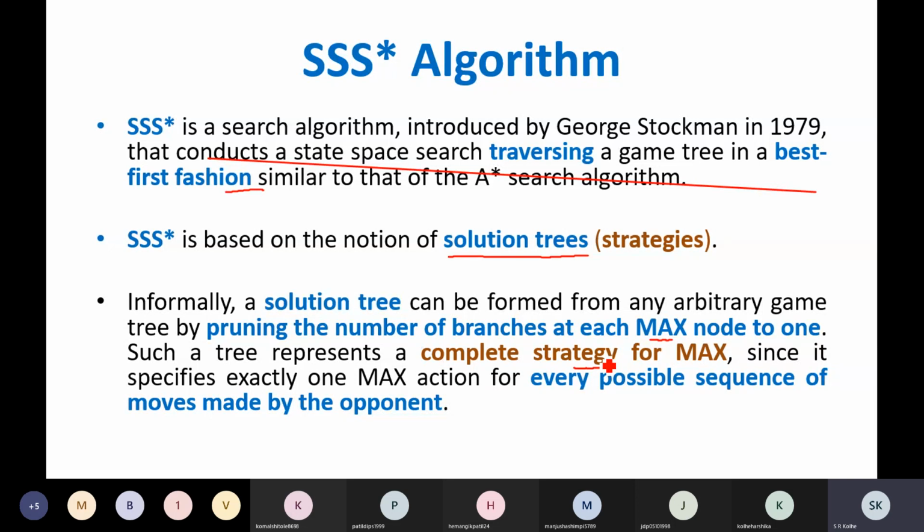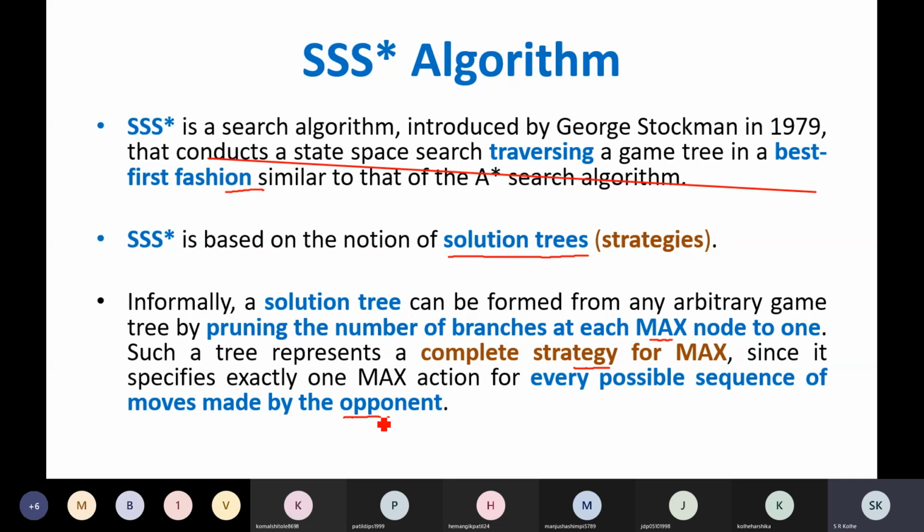As we have seen in game trees, we have max and min players, and both play alternately. So from max's point of view, if you prune the number of branches to 1 at each max node, that will give you the solution tree. Why? Since it specifies exactly one max action out of many max actions, that will specify one max action for every possible sequence of moves made by the opponent, that means the min player.